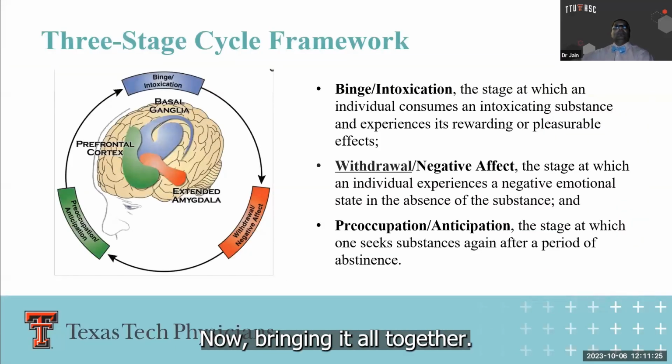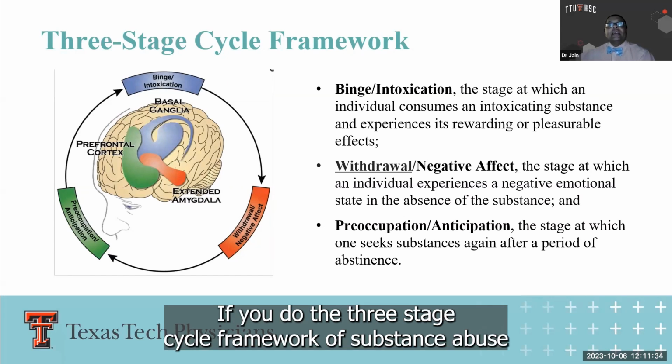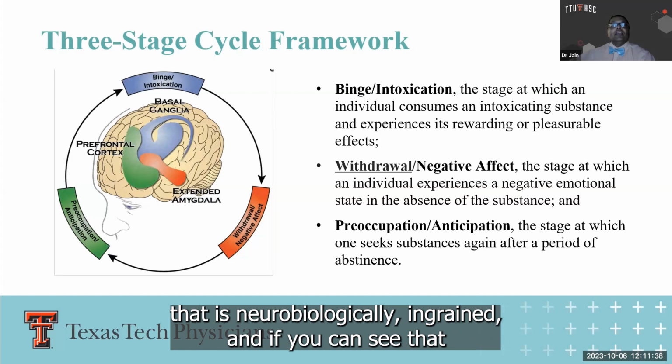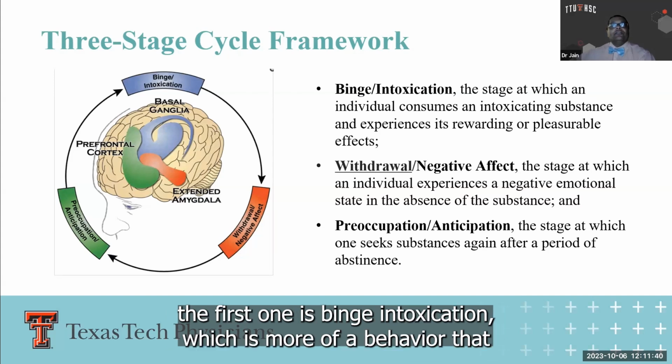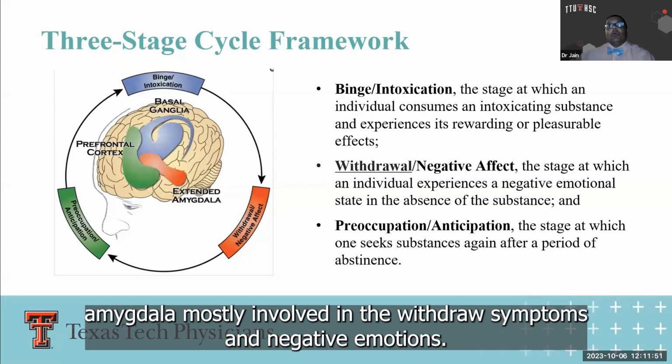Now, bringing it all together, and I will enlarge this more and talk more about it, there is the three-stage cycle framework of substance abuse that is neurobiologically ingrained. The first one is binge intoxication, which is more of a behavior that coincides with the basal ganglia. And then the extended amygdala is mostly involved in withdrawal symptoms and negative emotions, right?